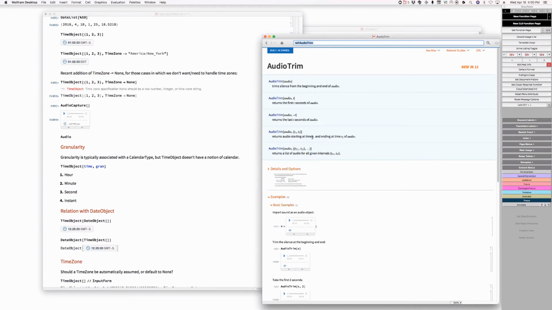I mean, if I say audio trim of the audio from a certain quantity, or in other words, okay, so one question would be, does the audio know the absolute time?